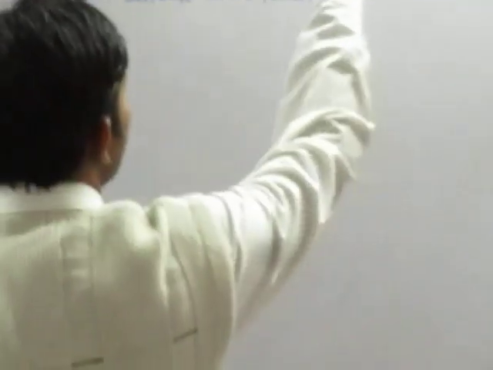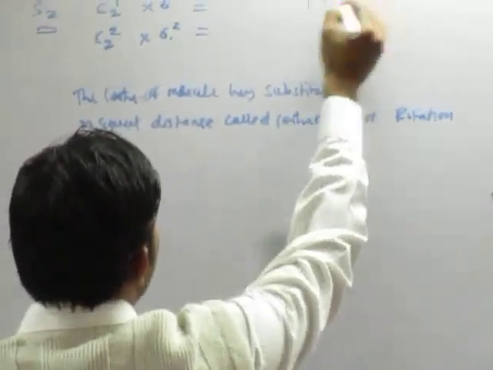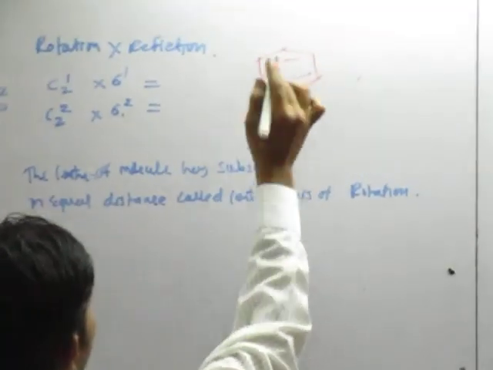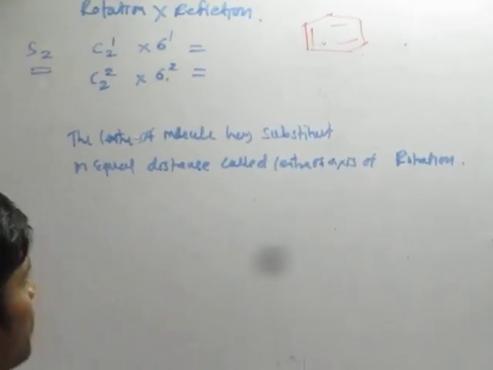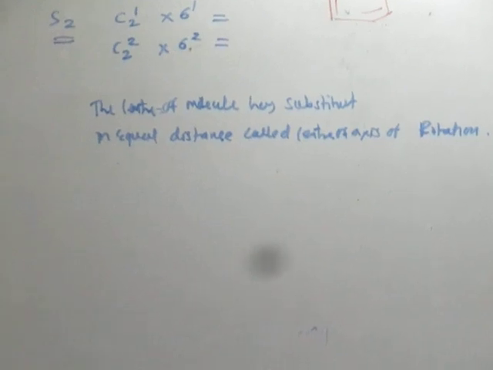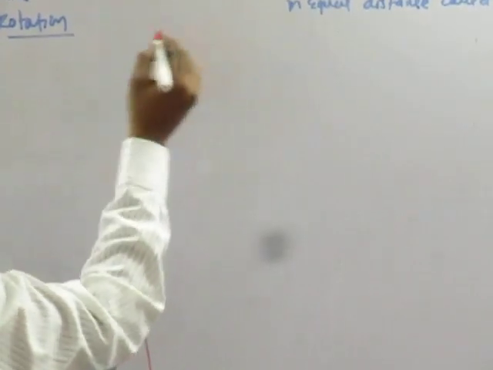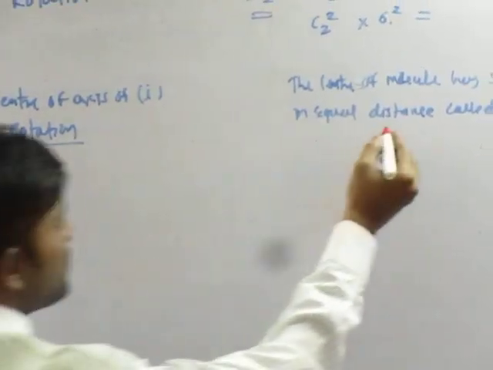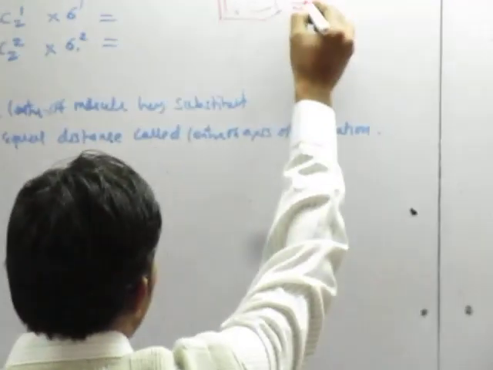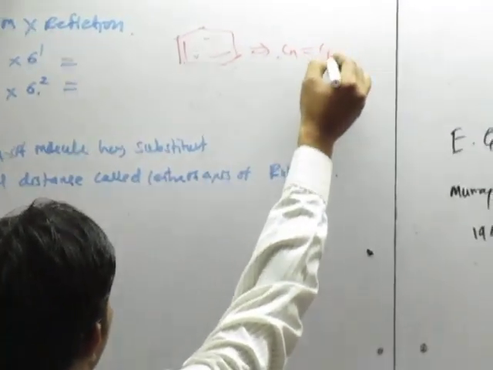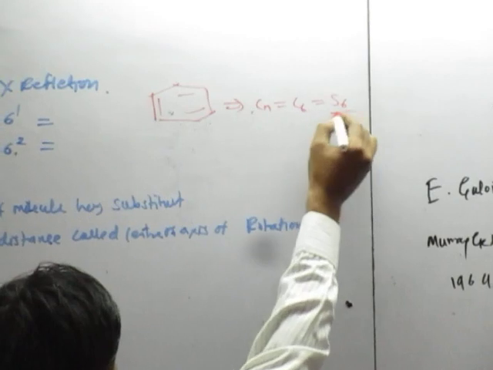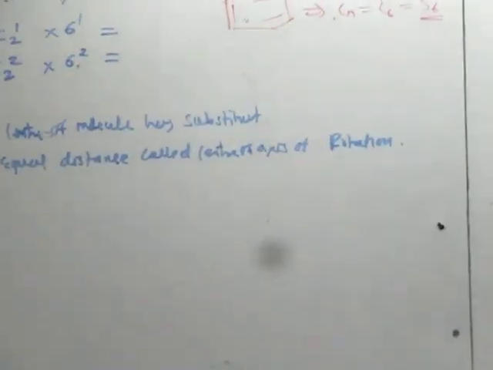If any material has this type of structure, just like benzene, it should have an improper axis of rotation. We will study the even and odd systems. In the case of an even system, for example, Cn equal to C6 should have S6 as a symmetry element.